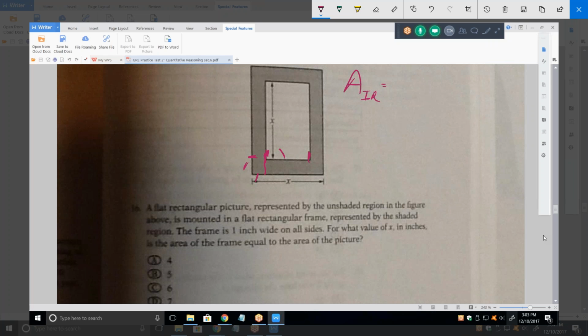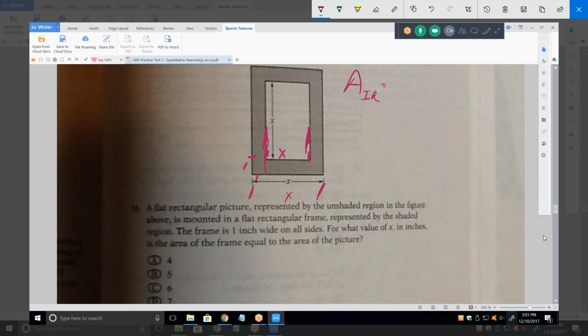This got to be X what? I'm not sure I know what you're asking. Okay, well this is X. What's the area from here to here? It would be the area of the outside X minus the area of the inside X?